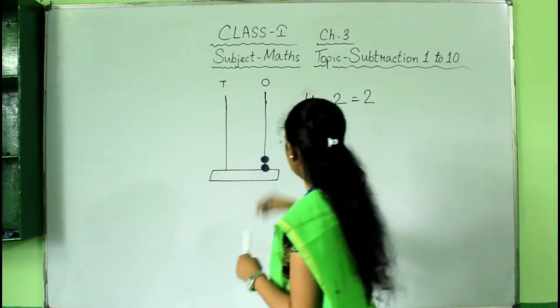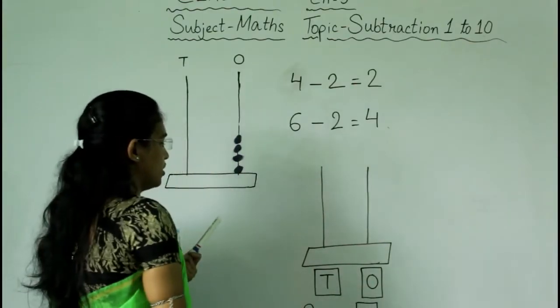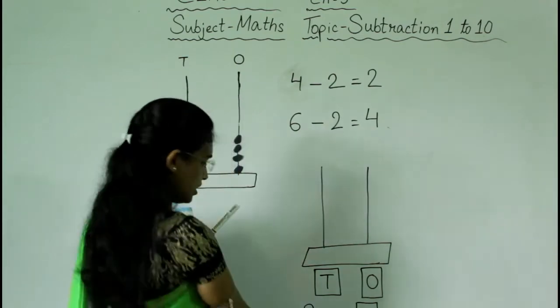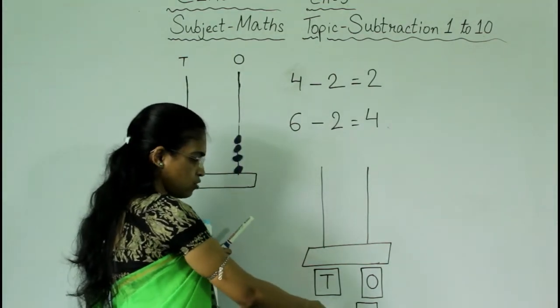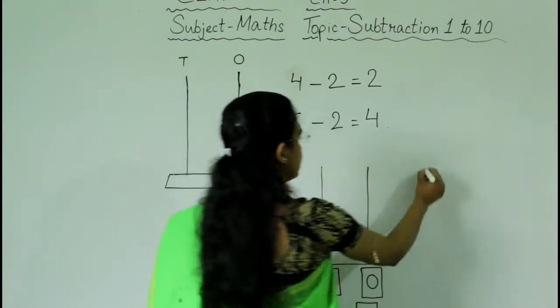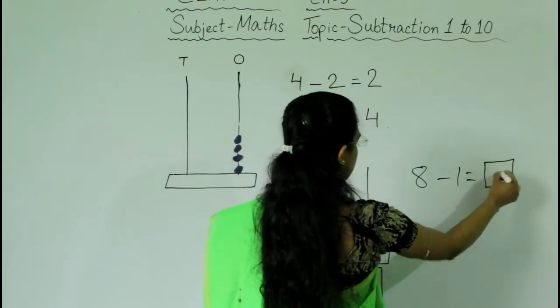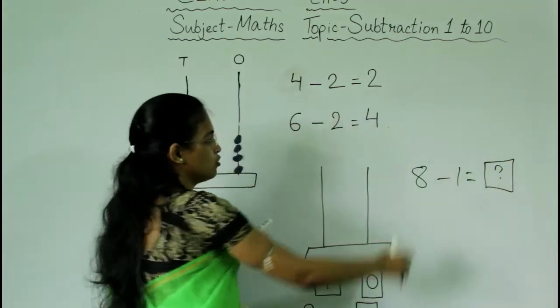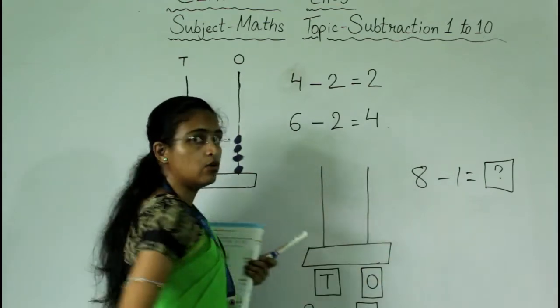Now next question. Okay. Now look here. What is the question? 8 minus 1. So 8 minus 1, you have to find out the answer. So which number is this? This is 8. And how many digits? 1 digit.